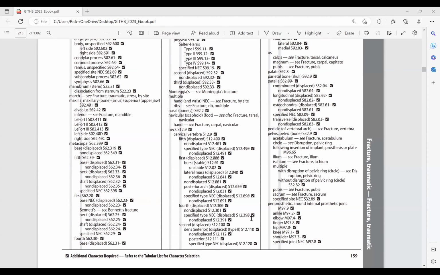In other words, the upper jaw. So you can see this right here. And then down here, it's the description. Is it 1, 2, what have you? Anytime you see this check mark, these check marks, that means that you have to go to the tabular to get the exact code.